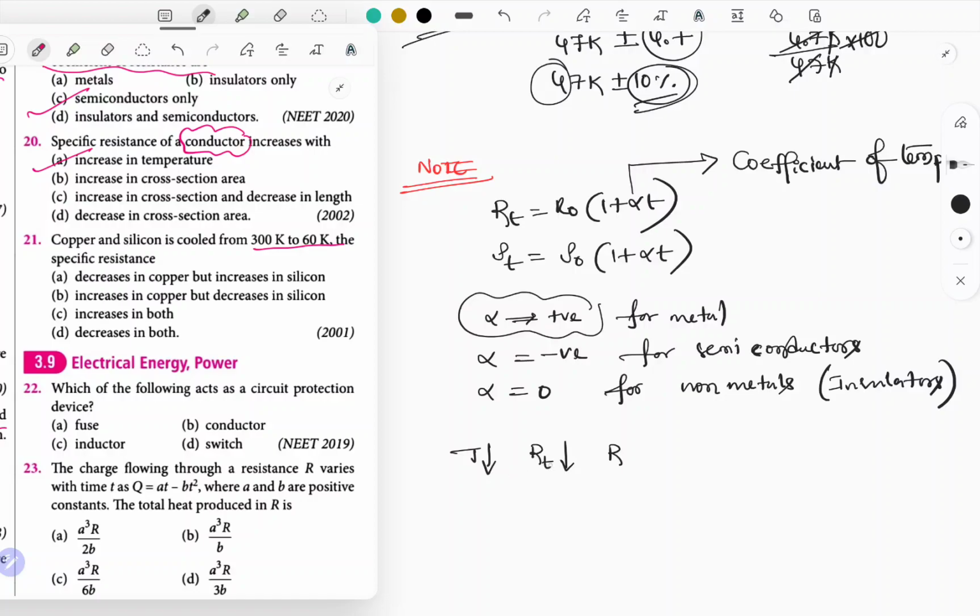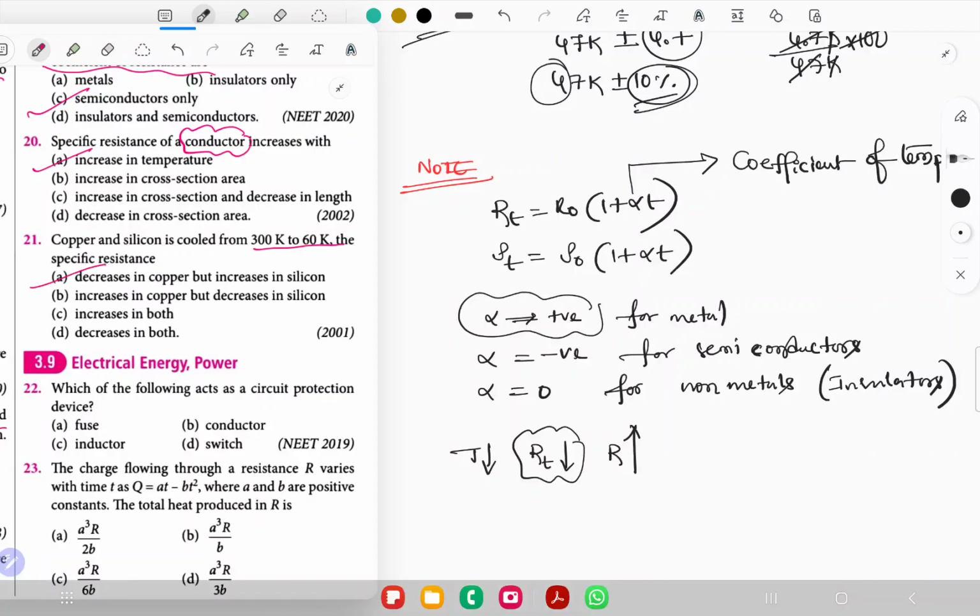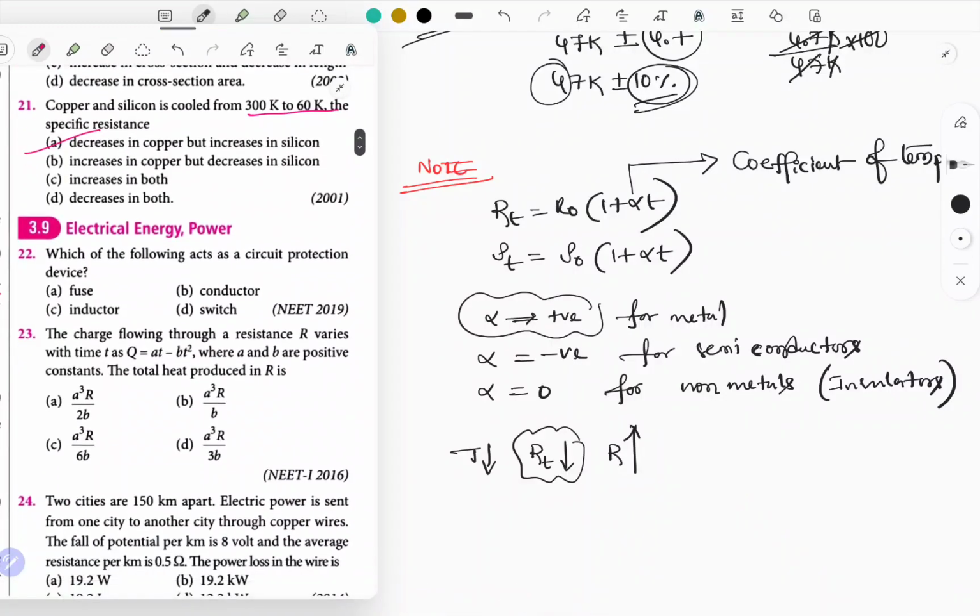If temperature decreases, resistance of conductor decreases and resistance of semiconductors increases. Which option matches? For question number 21, option A is decreases for copper but increases for silicon. Exactly opposite. Super. Next questions are based on electrical energy and power.